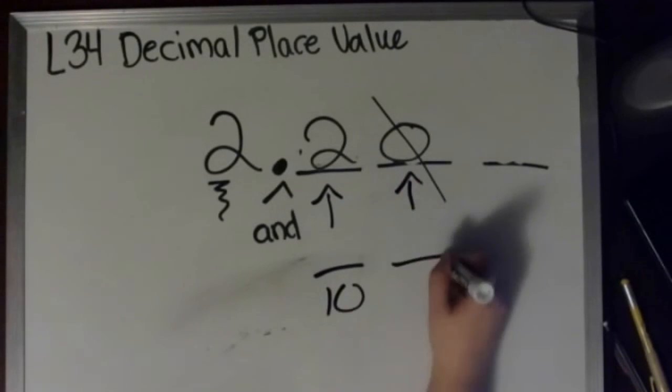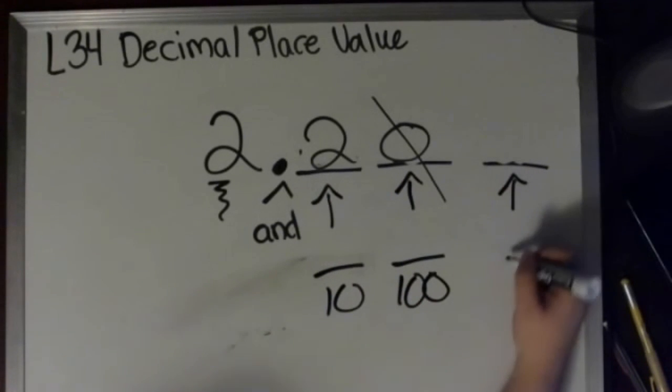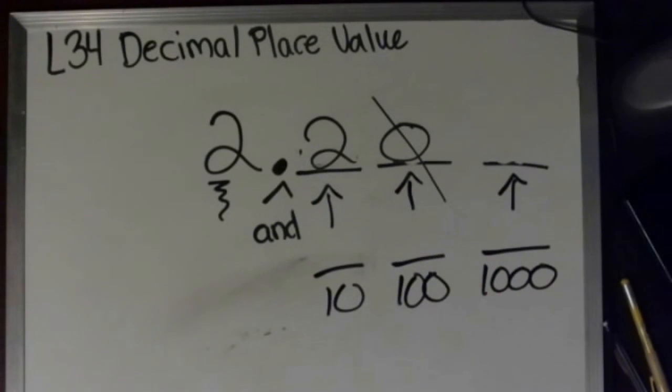This as hundredths is something that's been split into 100 pieces. And this as thousandths is something that's been split into 1,000 pieces. They're all less than 1. That is lesson 34, decimal place value.